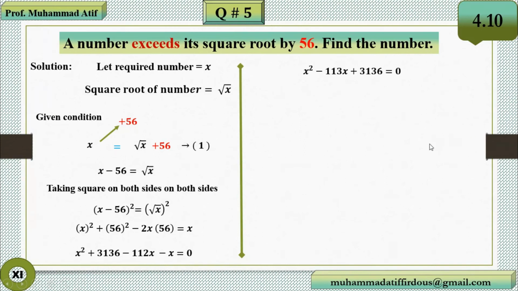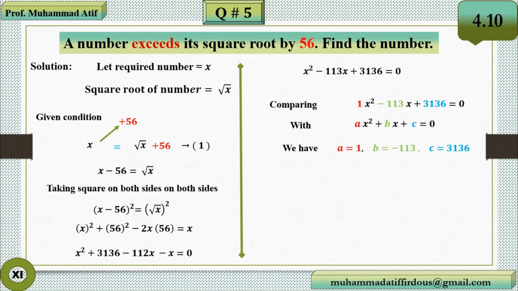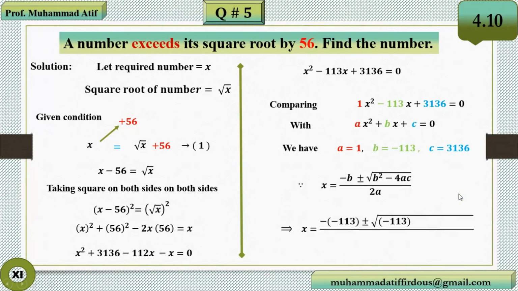Now you can use the completing square method, or you can use the quadratic formula. By using the quadratic formula, you compare this with ax square plus bx plus c, meaning a is equal to 1, b is equal to minus 13, and c is equal to 36. So write your quadratic formula and apply your values of a, b, c in this formula.